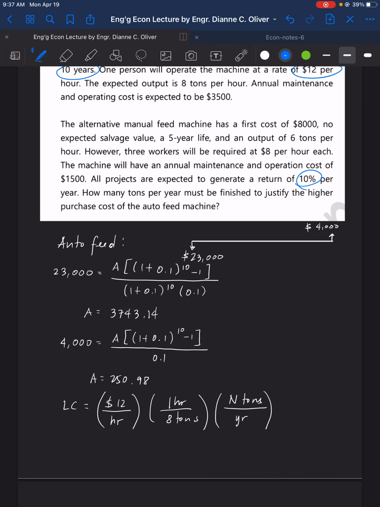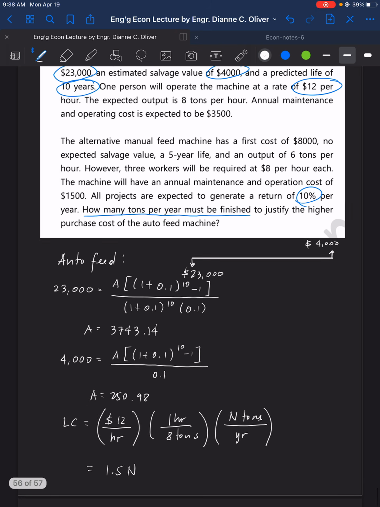In the question, how many tons per year must be finished to justify the higher purchase cost. So we need to multiply it with N tons per year, N being the unknown asked. So LC now is equal to 1.5 N.